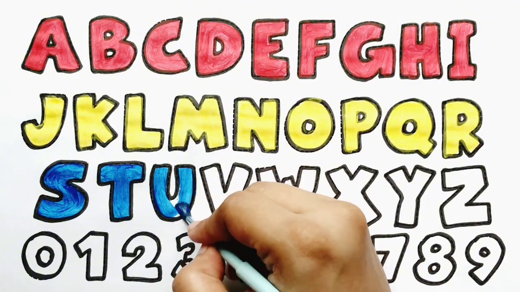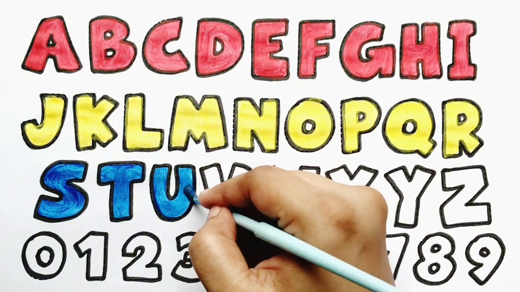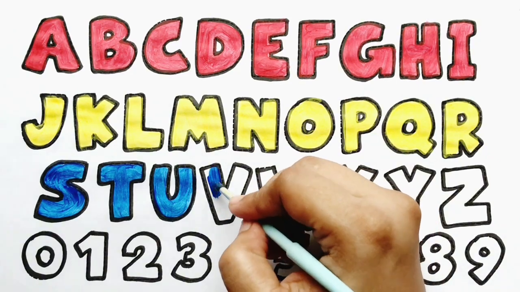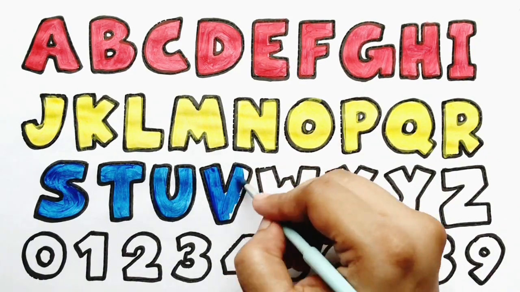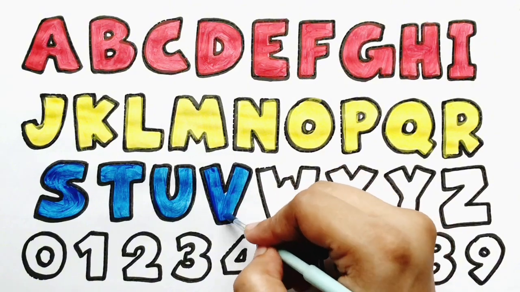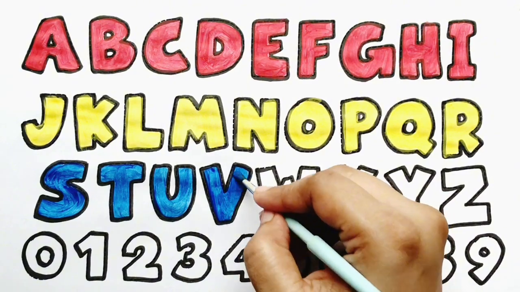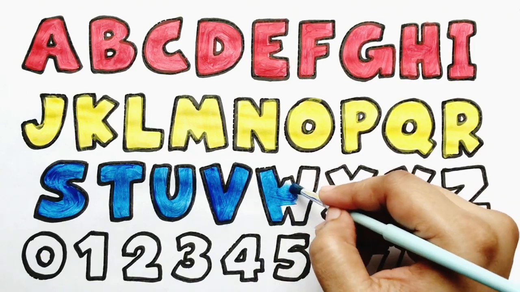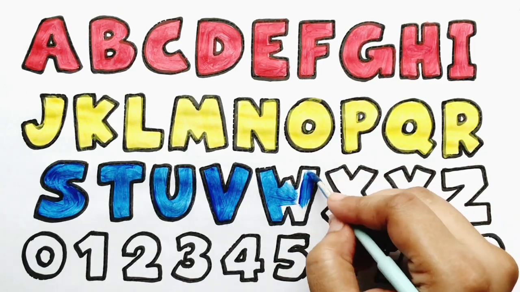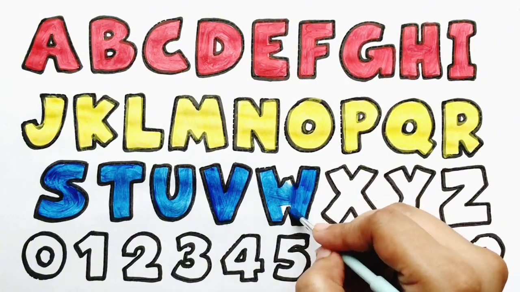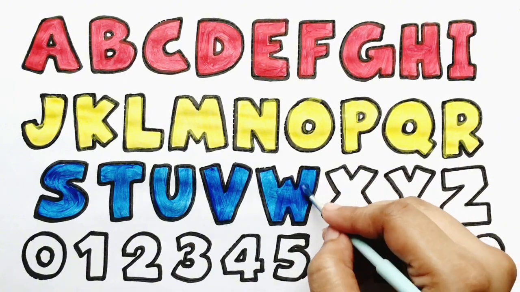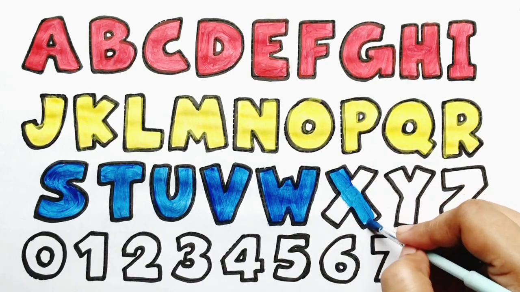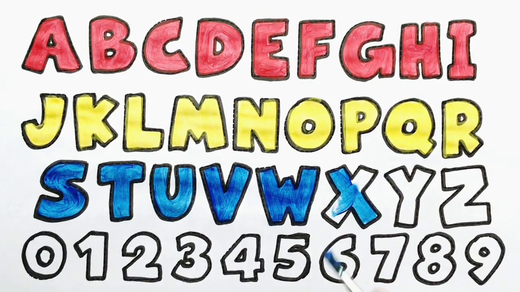S, T, U, V, W, X, Y, and Z. Now I know my Capital letter V. V for violin. time, won't you sing with me? A, B, C, D, E, F, G, H, I, W. W for whale. Q, R, S, T, U, V, W, X, Y, and Z. Now I know my X. X for X-ray fish. Please sing with me.